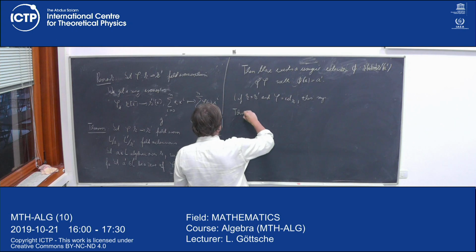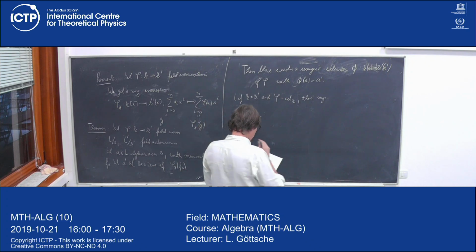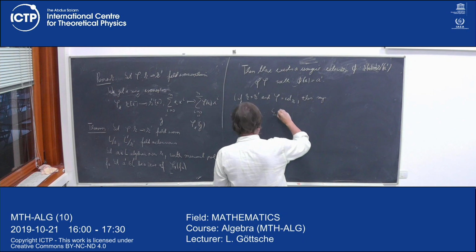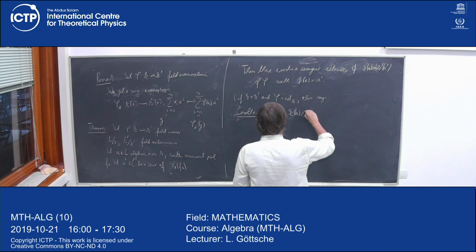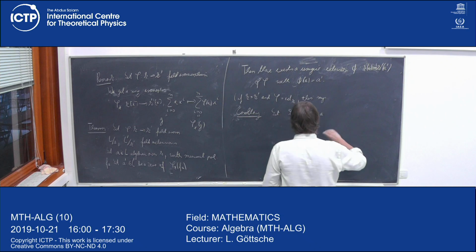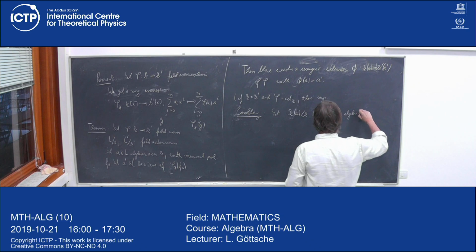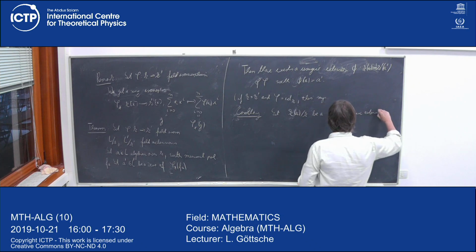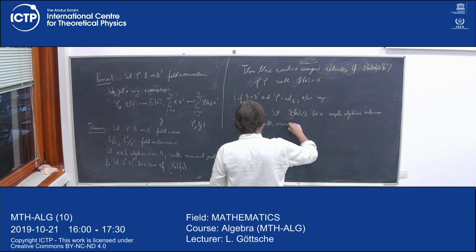We can also call it maybe a theorem or maybe a corollary. So let k(a) over k be a simple algebraic extension with the minimal polynomial.